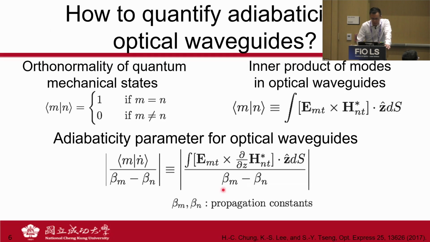When we started working on this problem a while ago, in 2017, we just waved our hands and drew an analogy between the orthonormal condition in quantum mechanics and optical waveguides. Then we came up with the following definition for the adiabaticity parameter for optical waveguides using the vectorial modes.